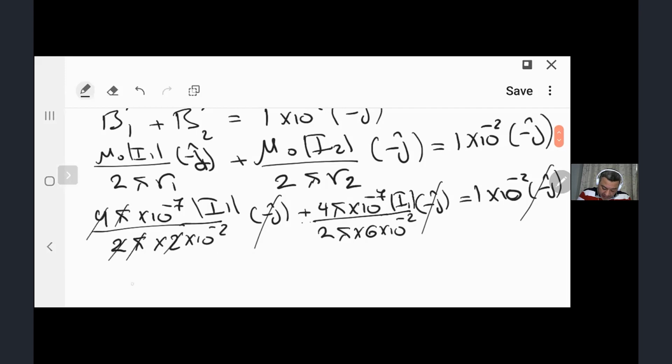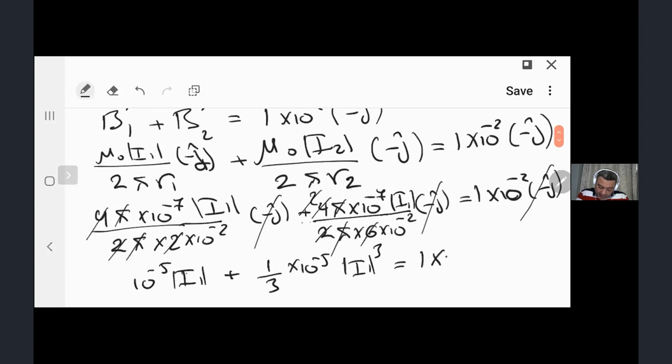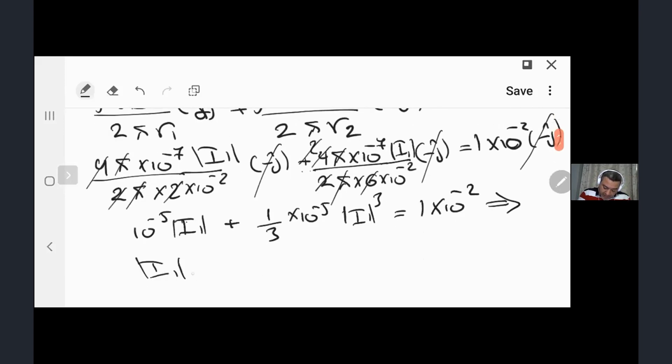So I ended up here with 10 to the power minus 5 I1 times (3 plus 1 over 3), 10 to the power minus 5 I1 equals 1 times 10 to the power minus 2, and I1 in this case is 750 ampere.